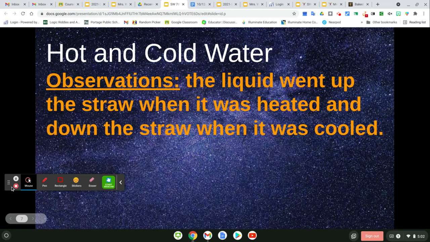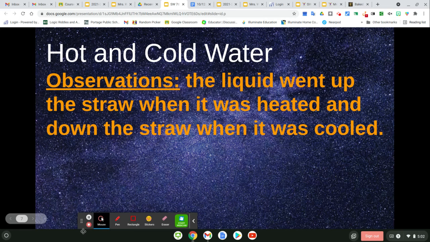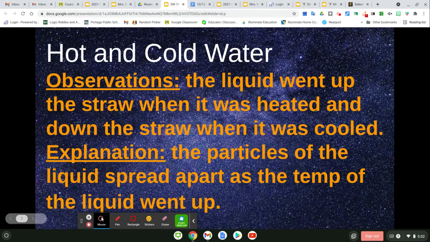And then down the straw when it was taken off the heat and it was cooled. Okay. And the explanation is that the particles of the liquid have spread apart as they're heating up. They're trying to become a gas. They're kind of on their way to maybe becoming a gas. So they started to expand. They started to spread apart from one another as the temperature of that liquid went up.